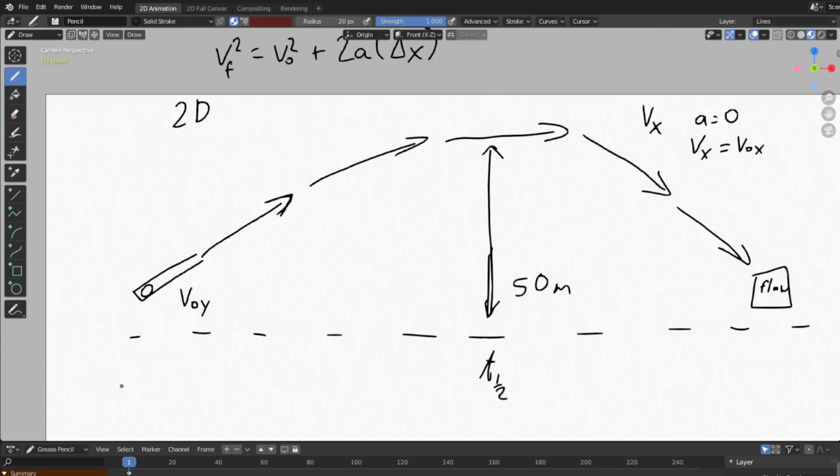So, that means we can say Vf squared equals V naught squared plus 2a delta y. And you might ask, okay, well, if this is 0, this is an addition sign, how the hell is this going to work out? Well, we're going to say that g is negative, because gravity is always acting.